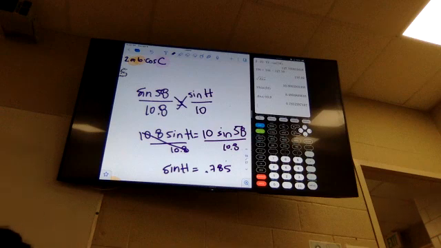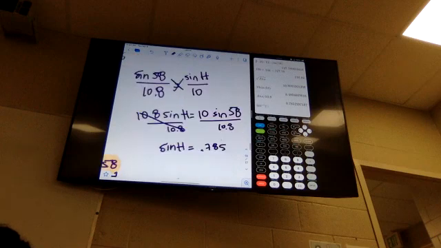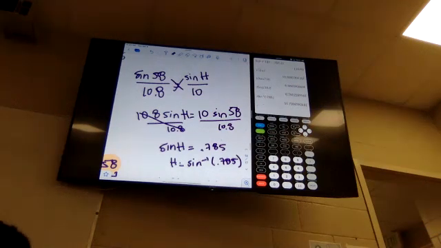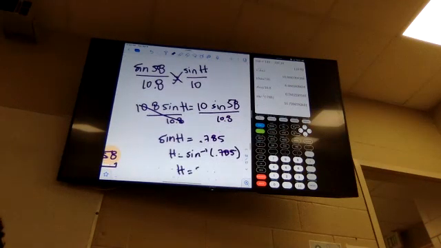And then once I get here and I'm trying to find out what angle H is, remember that I'm going to do second sine or inverse sine. H equals inverse sine of the decimal. And so H equals 51.7 degrees.